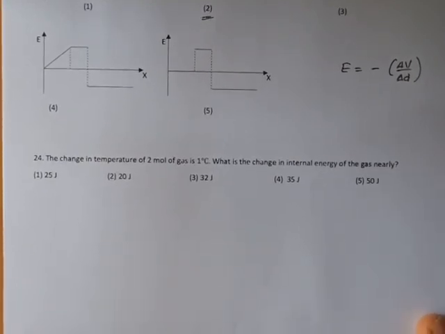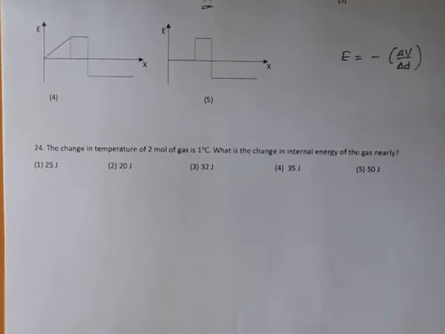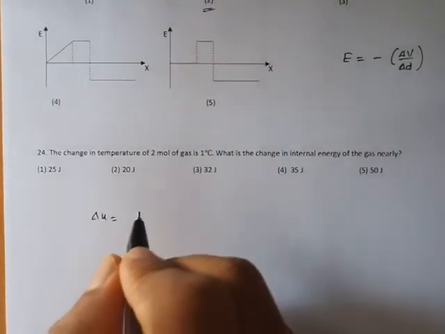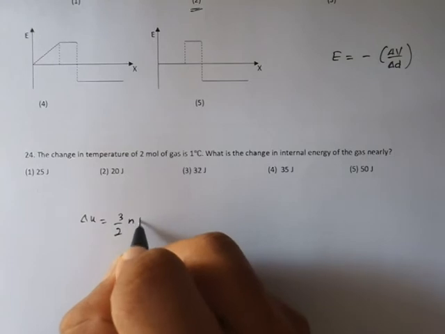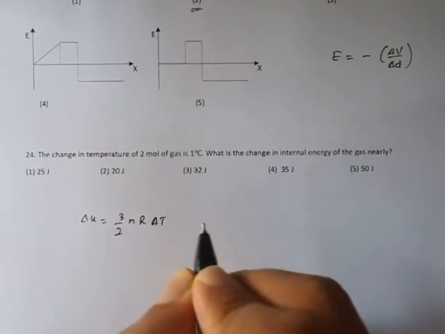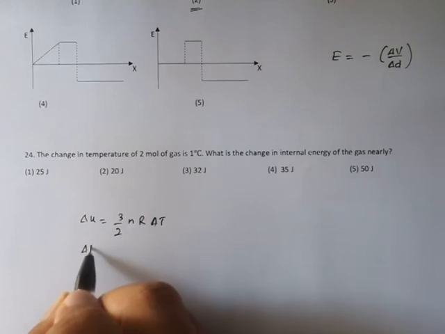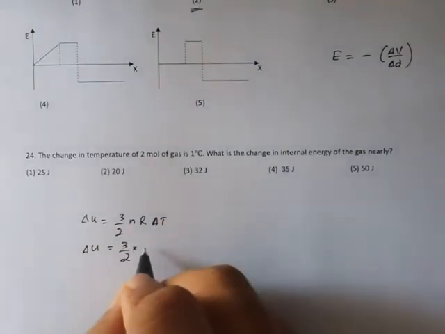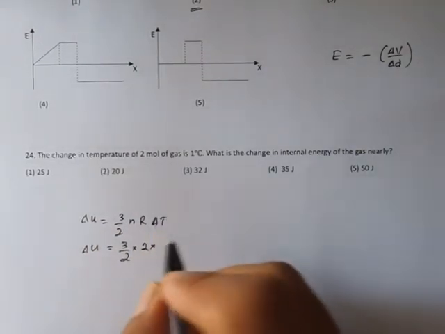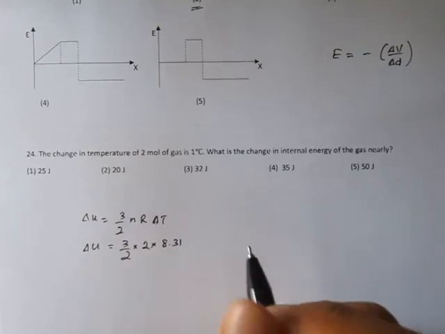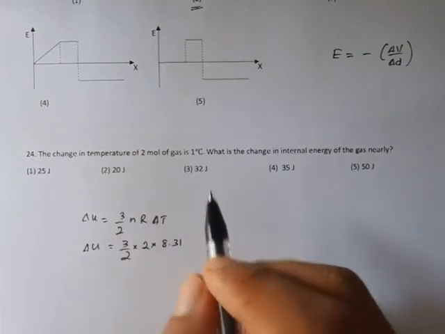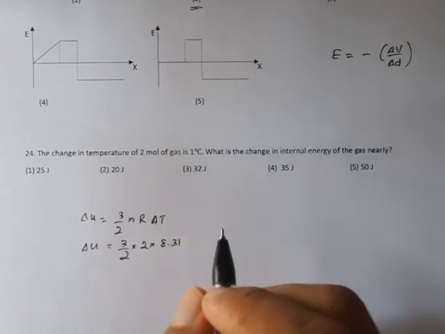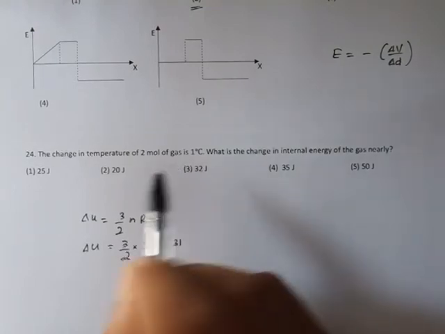Okay, and 24th one: the change in temperature of 2 moles of gas is 1 Celsius. What is the change in internal energy of the gas, nearly? Here we can write the change in internal energy delta U is equal to 3 over 2 n R delta T. So delta U, the change in internal energy that we want to find, is 3 over 2 times 2 moles, so 2 times R, 8.31 joule per mole, and delta T is 1.